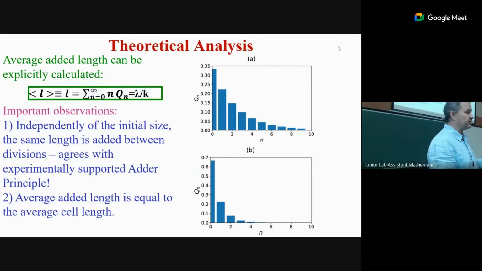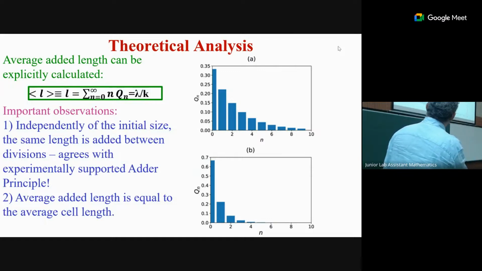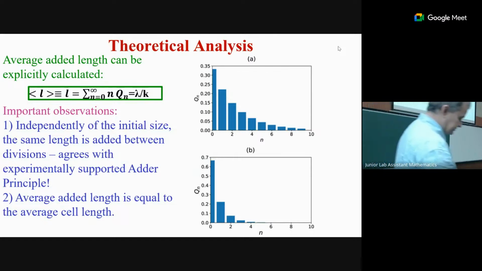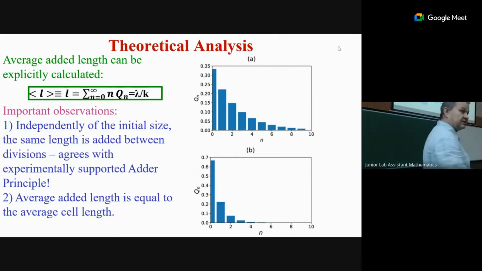So you see the stochastic picture is consistent with experiment. You always add the same length. And this length is essentially balanced between the growth rate constant and the division rate constant. Okay, so you're getting immediately the adder principle observation, and this average added length is equal to the average cell length. Again, the stochastic model gives you a very deterministic picture. I hope you can see.